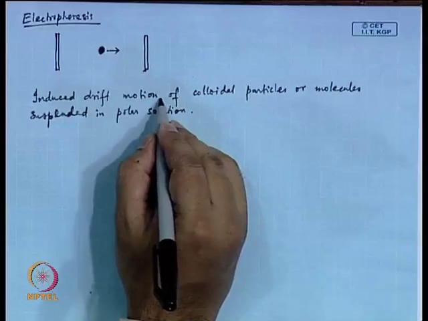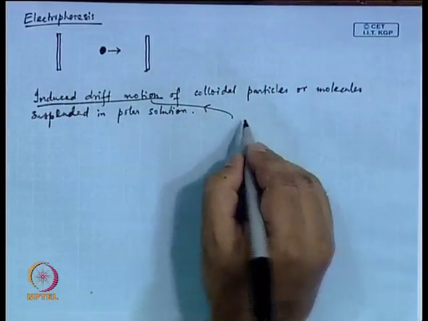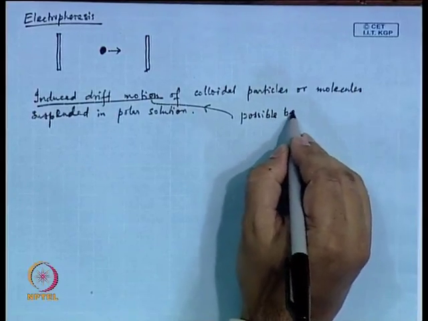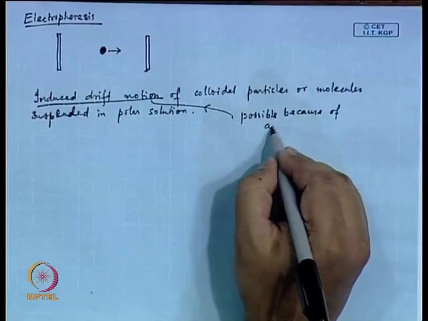So this induced drift motion is possible because of an electric field.